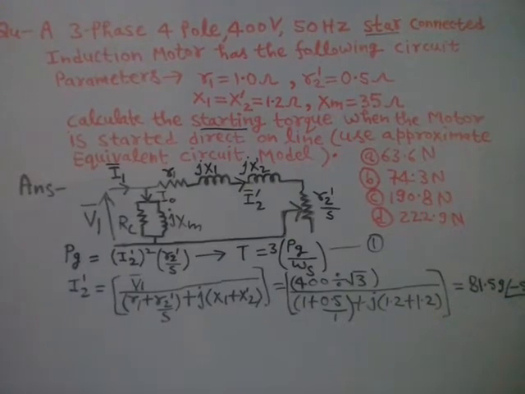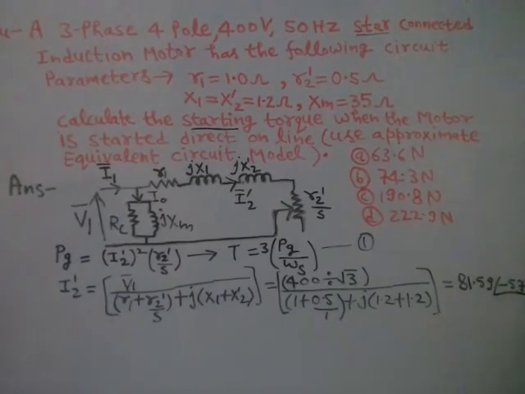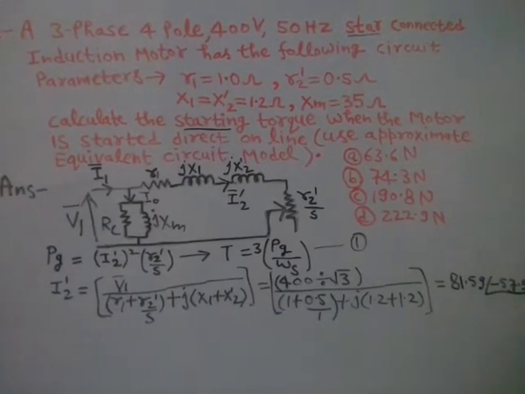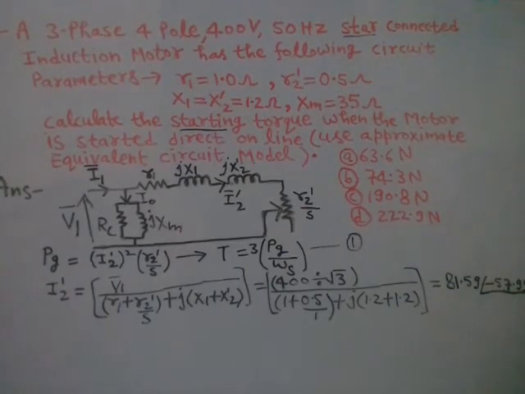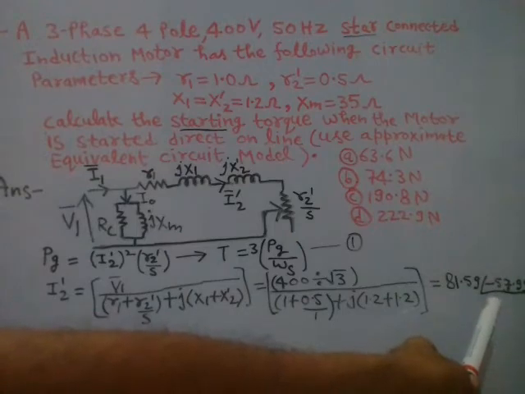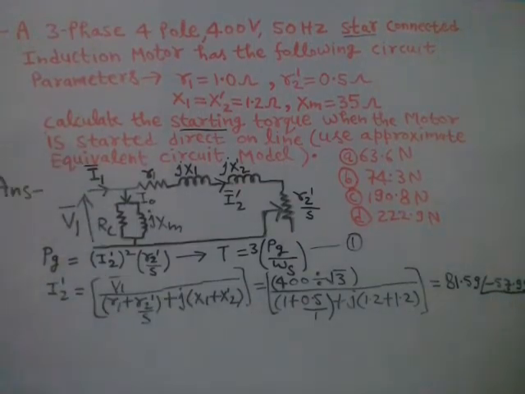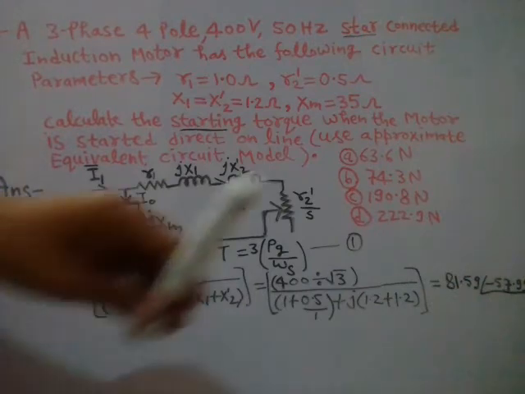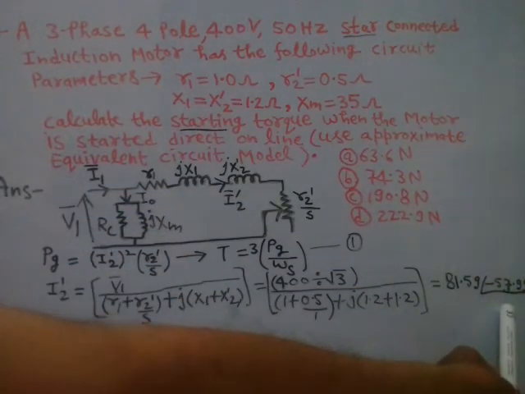So that we have calculated the expression of the current, that is 81.59 with some angle, that is 57.99, right? We are basically dealing with AC quantities, right? So AC means magnitude with some angle.